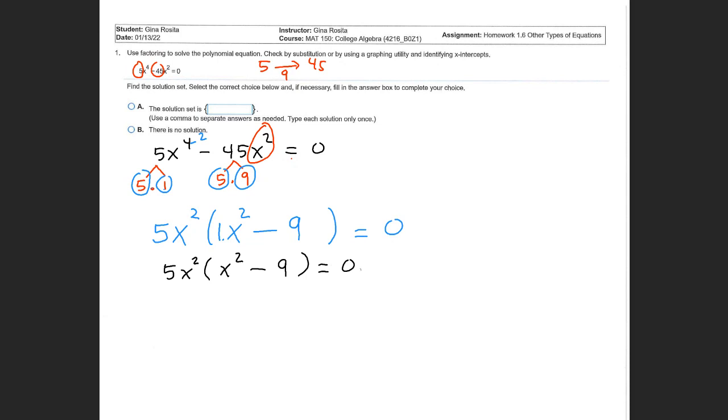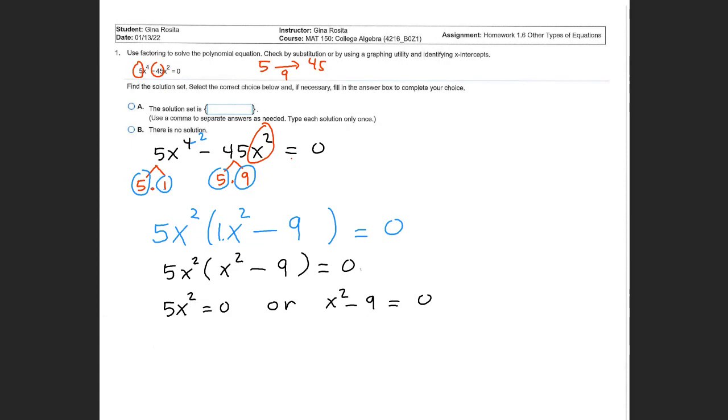Now what next? Remember about A times B equals 0: A equals 0, or B equals 0. So I write down 5x squared equals 0, or x squared minus 9 equals 0.